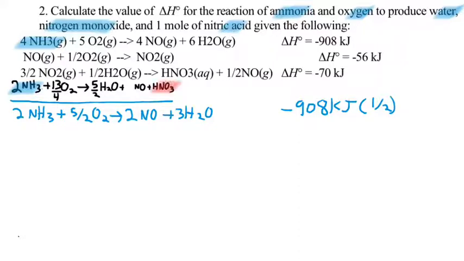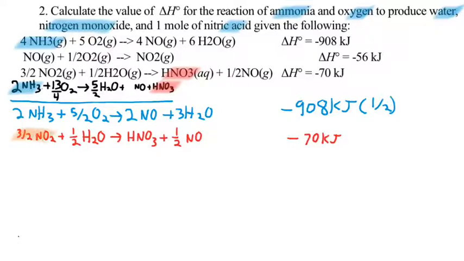Now let's do the HNO3s. I see HNO3s in my third equation. So I'm going to use the third equation, writing it just how it is, and writing the energy just how it is.